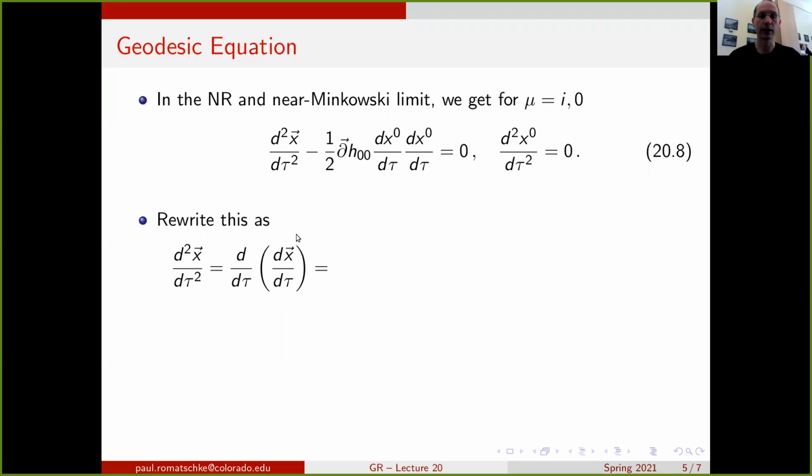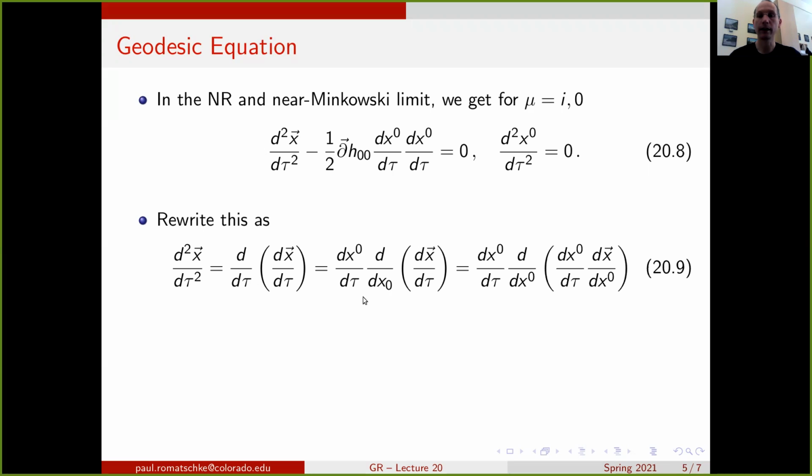Then for the outer derivative, we first rewrite the derivative with respect to proper time as the derivative with respect to x0 times the chain rule factor dx0 by d tau. And then we do the same thing for the inner part here. So we rewrite dx vector by d tau as dx vector by dx0 times dx0 by d tau.